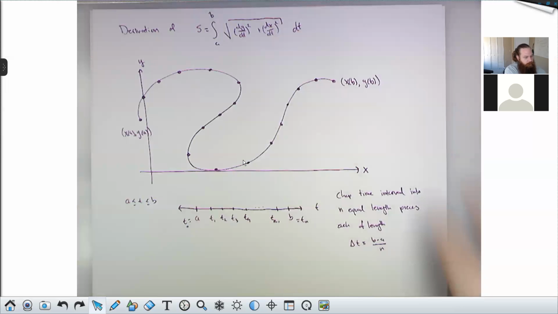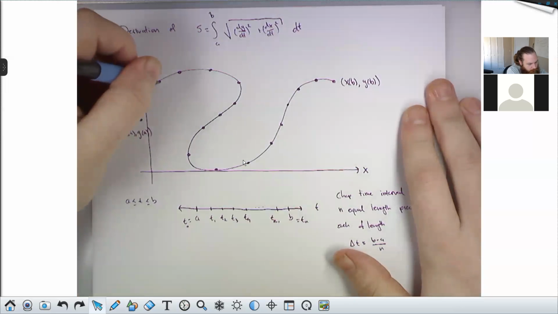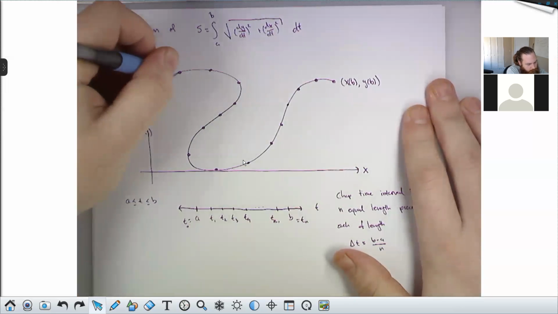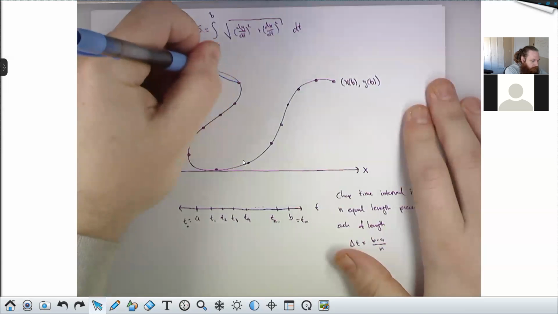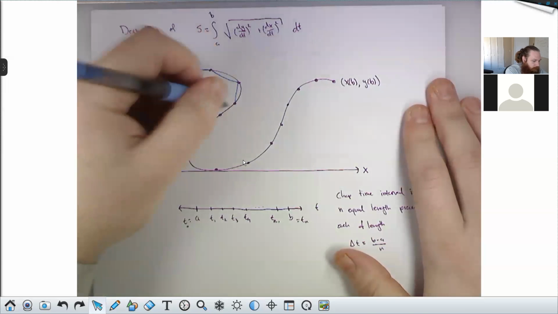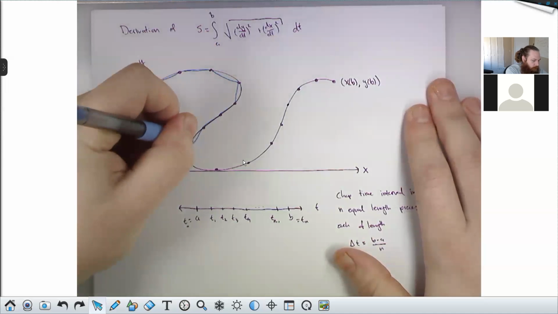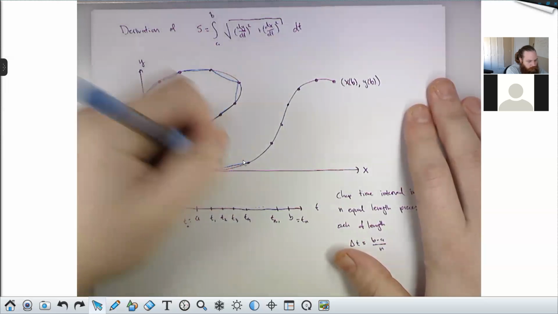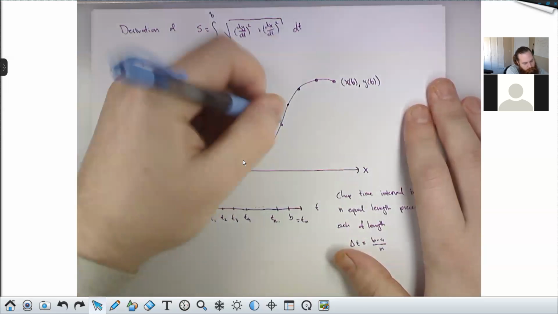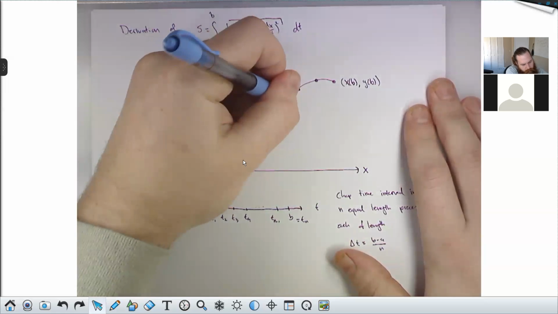And then, just like we did before, you approximate the arc length on each of those little time intervals by a straight line segment, with the understanding that as n goes to infinity, and you use more and more of these, the actual arc length will get closer and closer to this blue arc length, this approximate length.